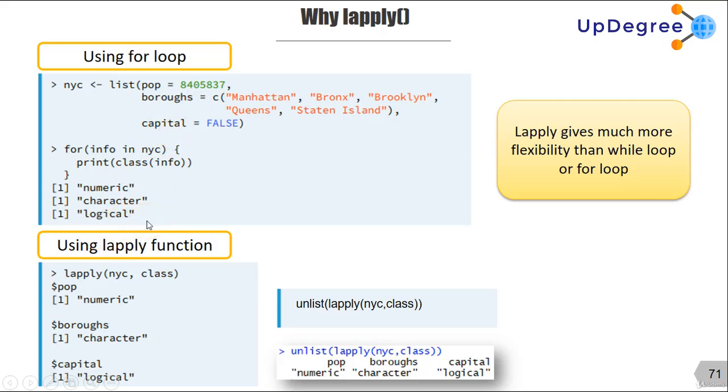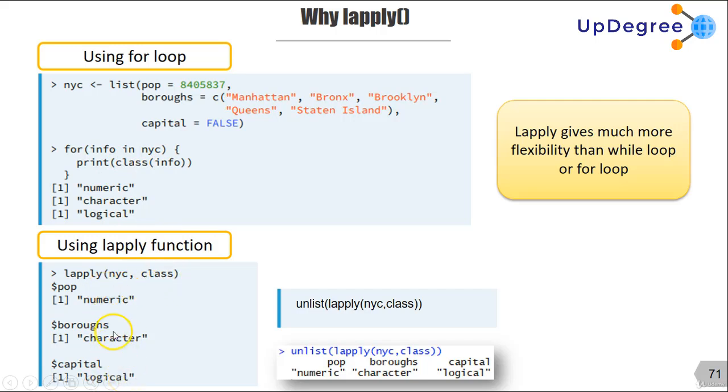Now if you want to get a similar kind of result with the lapply function, then simply you have to pass the data, which is New York NYC, and the function you want, which is class. So you would get the exact same result here.